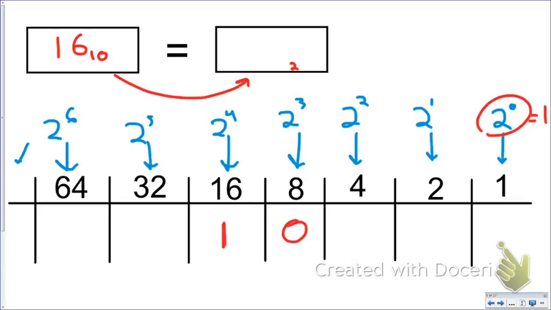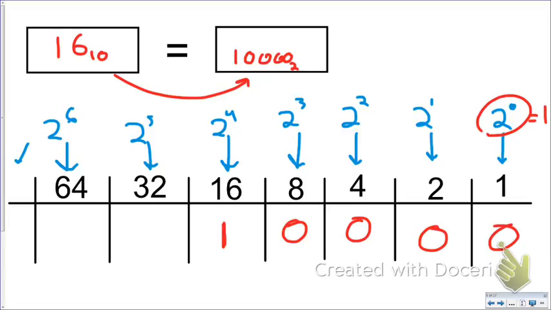So there's no 8 left over, no groups of 4s left over, no groups of 2s left over, and no groups of 1s. So in other words, this number 1 0 0 0 0, so 1 and 4 zeros, subscript 2, is the same as 16 base 10. Okay, so hopefully you're able to get that.